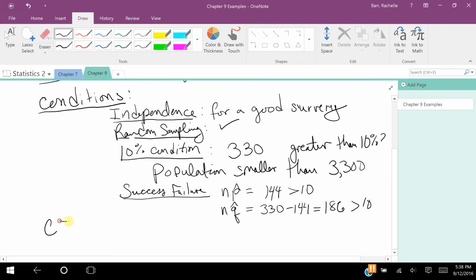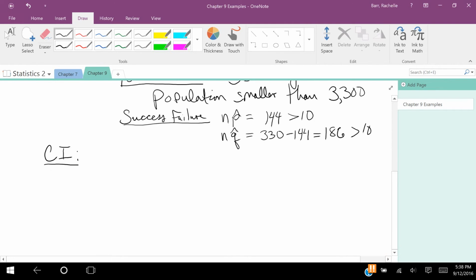So now I'm going to construct my confidence interval. I like to abbreviate confidence interval with CI. So the first thing I'm going to do is note my sample size, n = 330. And I know my proportion of success is 144 out of 330, and this is about 0.436. I'm rounding a little bit in this example more than I usually would have, but today, fun, it's Monday.